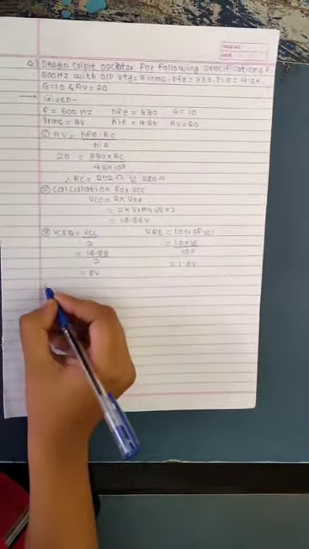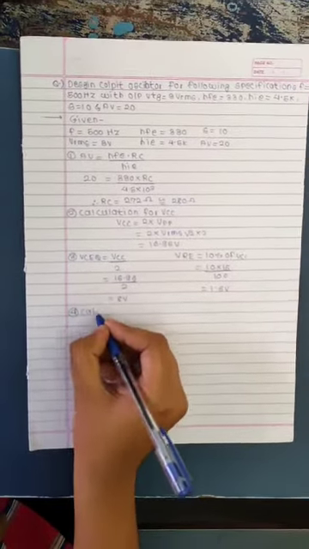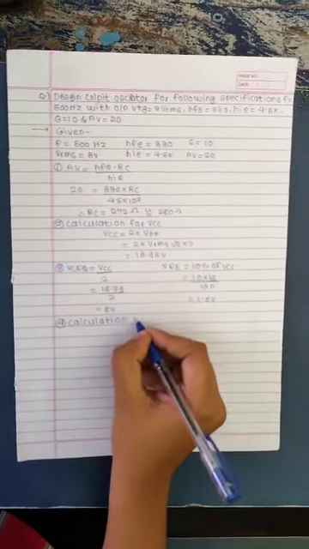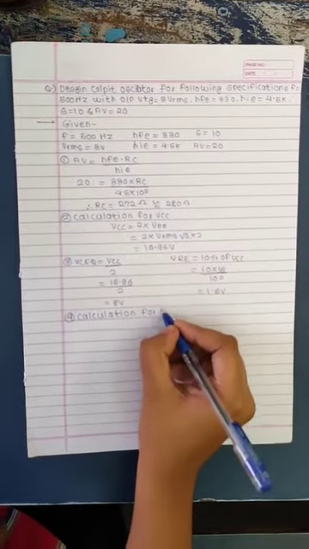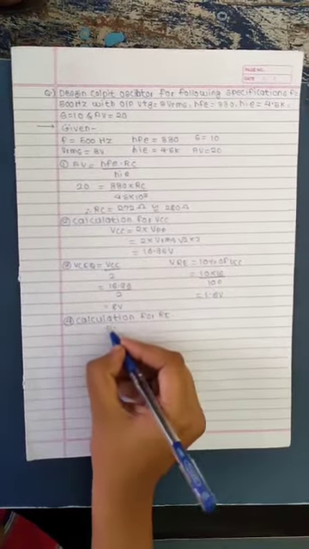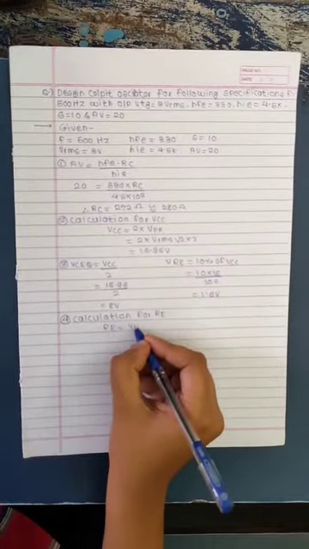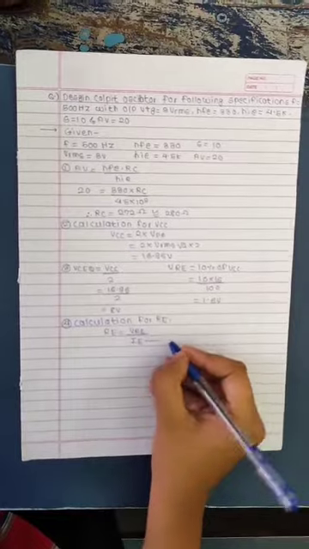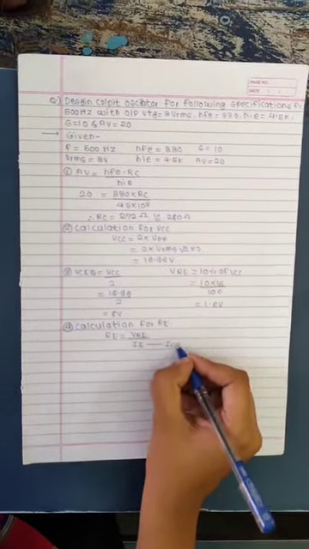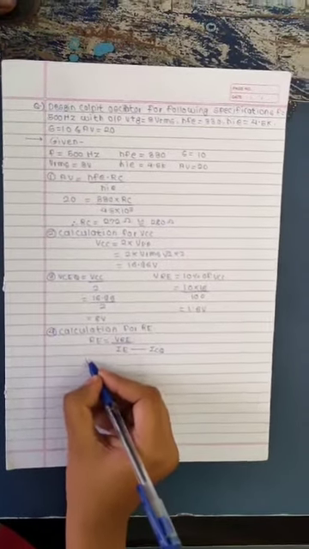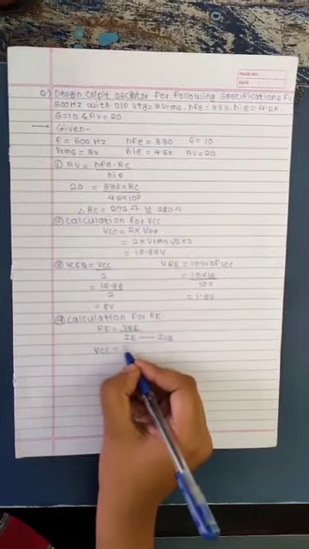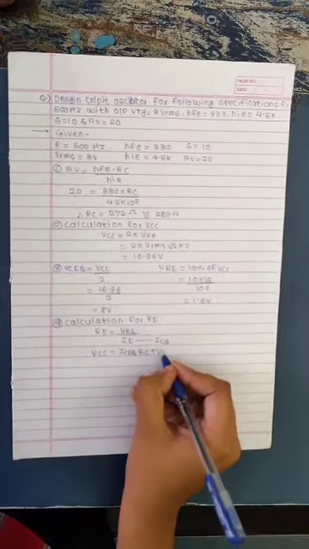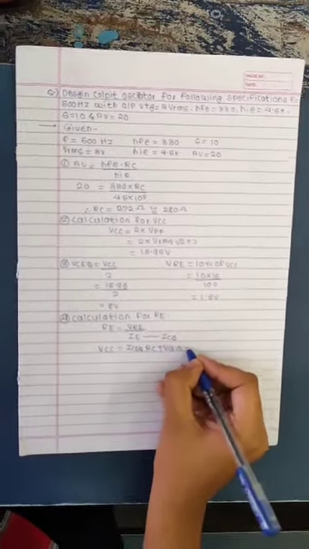Then calculation for RE. We know the formula. RE is equal to VRE upon IE. We know that IE is equal to ICQ. Therefore, VCC is equal to ICEQ RC plus VCEQ plus VRE.